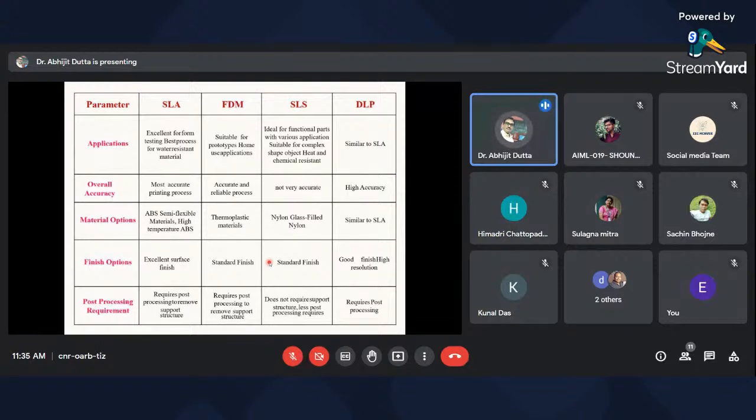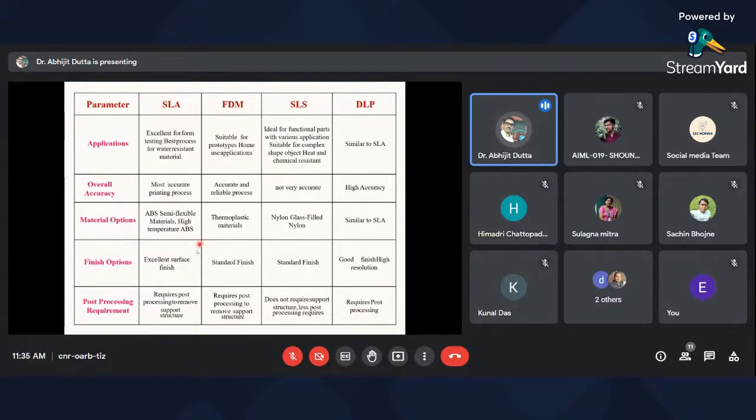Fused deposition modeling is reliable and accurate, but SLS is not as accurate. This accuracy depends on different parameters that will be discussed later on. These are the materials. You can see all of them are mostly thermoplastic materials, though a few metals are used in selective laser sintering that are not mentioned right now.